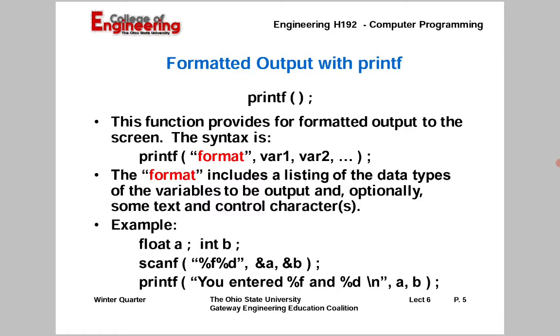The syntax of the printf statement is printf within quotes, format, comma, variable 1, comma, variable 2, comma, variable 3, like that. The format includes a listing of the data types of the variables to be output and optionally some text and control characters. Example: float a; float b; scanf within quotes %f %d, comma &a, comma &b.